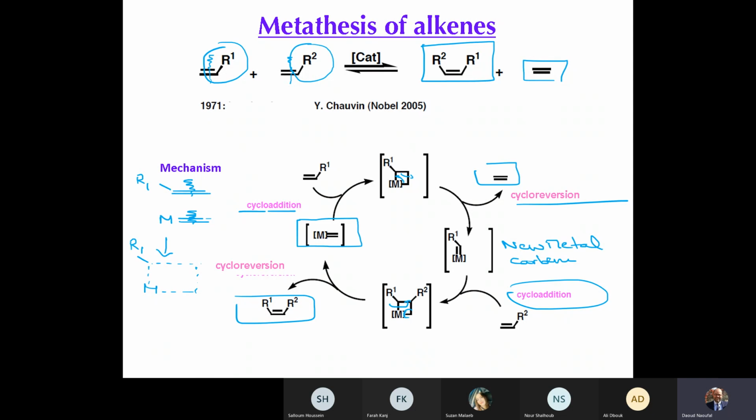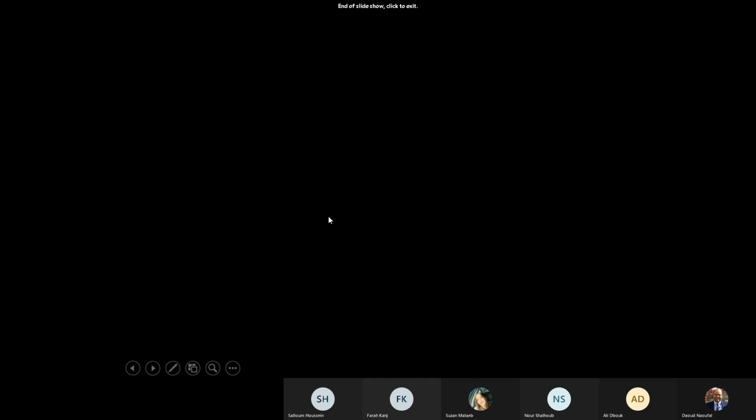Then we have cycloreversion, cycloaddition, cycloreversion. No reductive elimination, only cycloreversion. By cycloreversion, we then have ligand dissociation. So this is formation of a cycle with the addition of a ligand. This is destruction of the cycle by ligand elimination. So this is the cycloreversion. Okay.